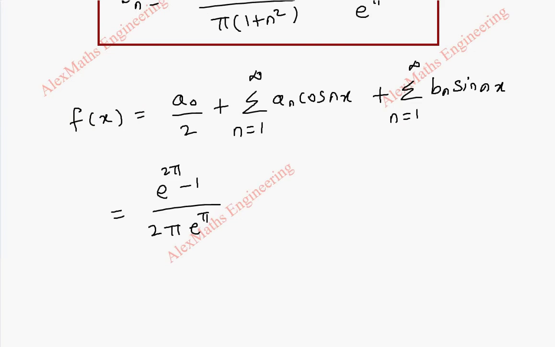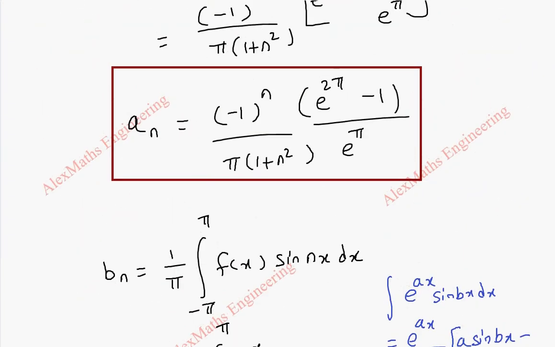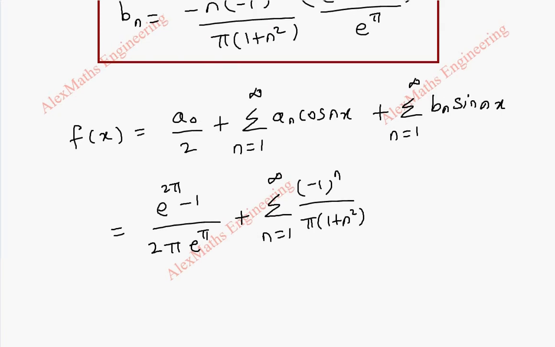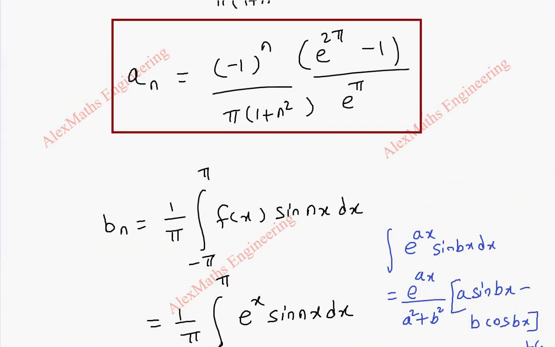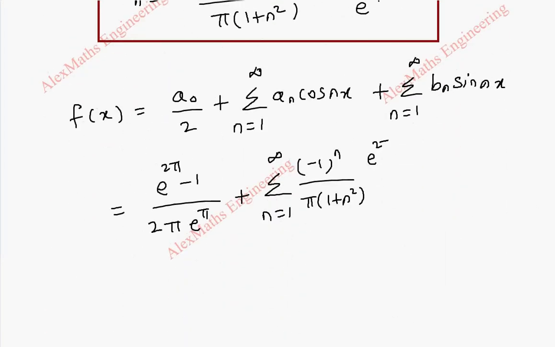So the by 2 we can write in the denominator, plus summation n is equal to 1 to infinity An cos nx. An is minus 1 whole power n by pi into 1 plus n square, then e power 2 pi minus 1 by e power pi, cos nx.